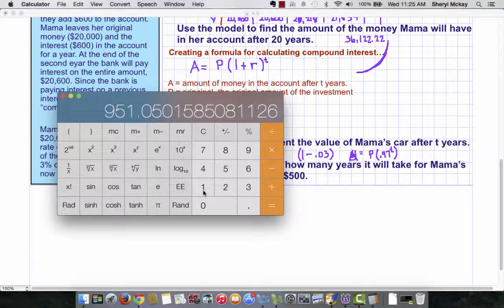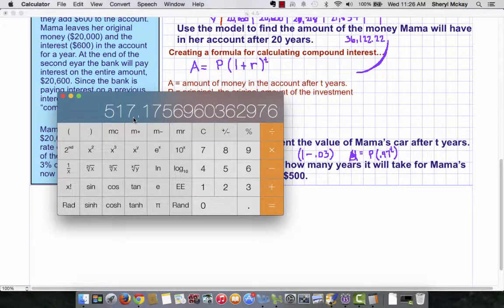So I knew I had to go further, so then I did 0.97 to the 120th year, and that was 0.0258, and when I multiplied that by 20,000, I got that the car was worth 517.